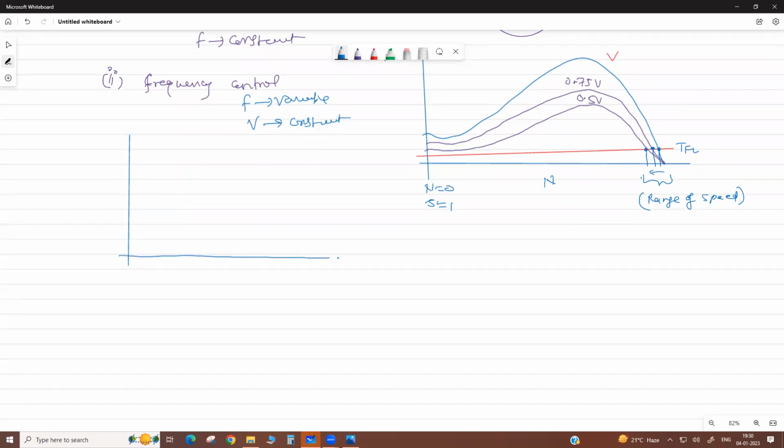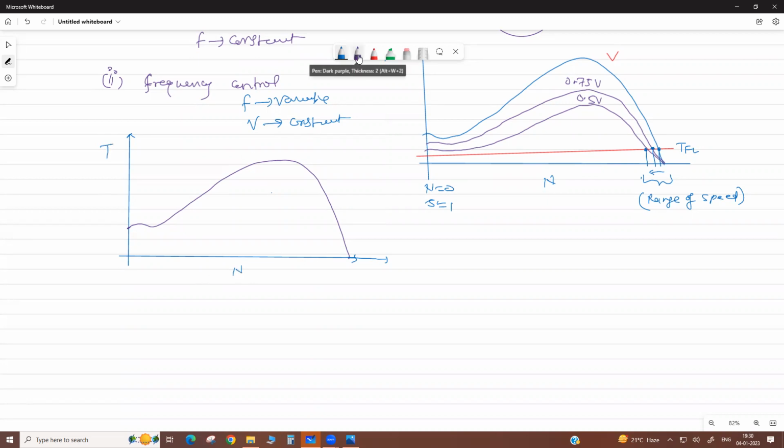In this condition, we also explain with the torque versus speed curve. My dear, this is with the rated voltage and rated frequency. This is your speed torque characteristic curve.